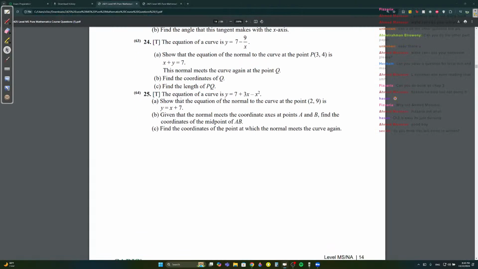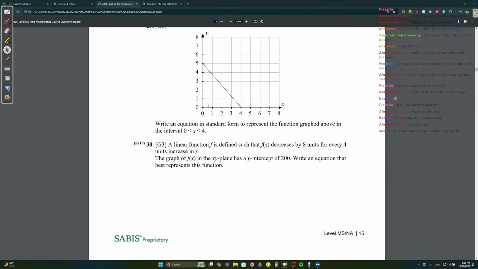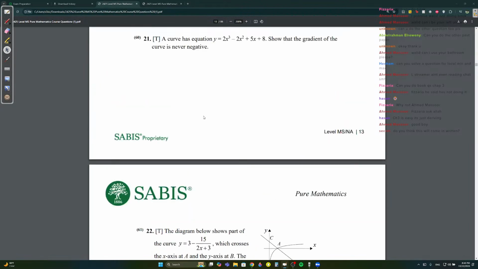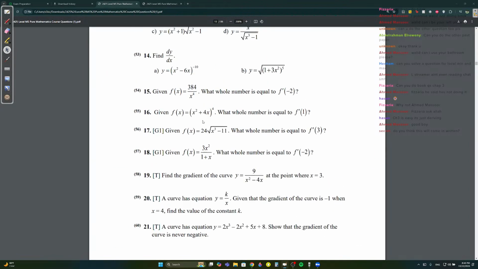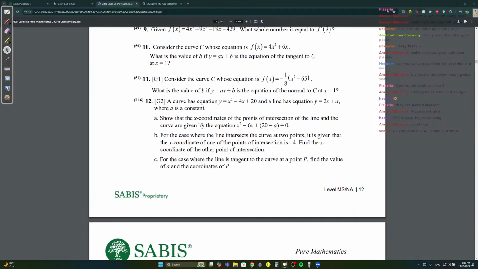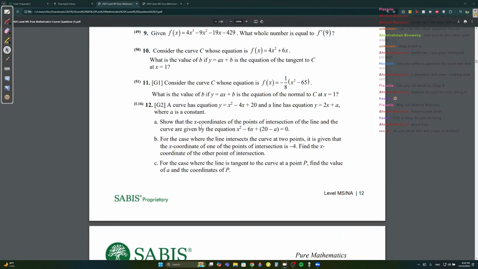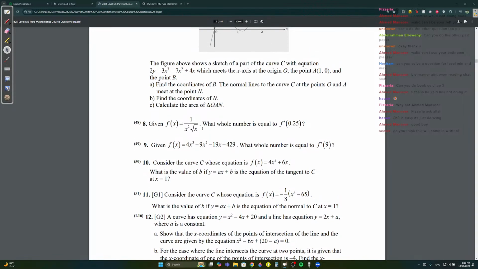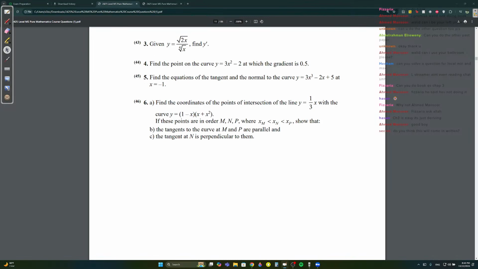Okay. One question I want to do has to do with local minimum, maximum, and concavity. Over here somewhere. Where is it? Somewhere concavity.